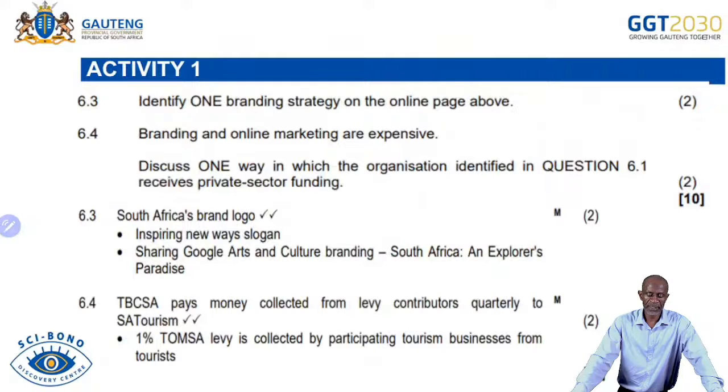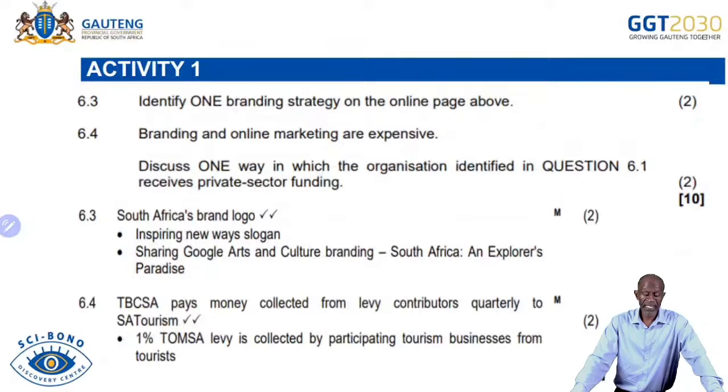6.4, if we answer, discuss one way in which the organization identified in question 6.1 received private sector funding. One would go about saying the TBCSA, Tourism Business Council of South Africa, pays money collected from levy contributors quarterly to SA Tourism.